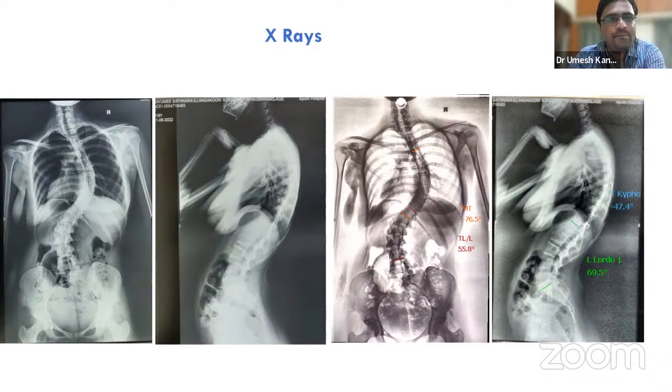If L3 is the apex of the curve, then your LIV stopping at the apex of your lumbar curve is going to be troublesome, because that vertebra will have the maximum amount of rotation. Apex technically is the most translated vertebra, but it is also the most rotated vertebra.